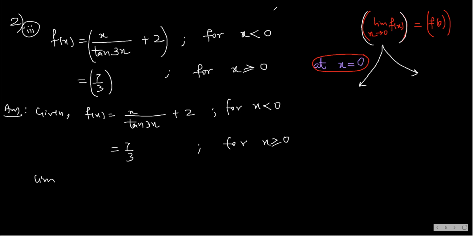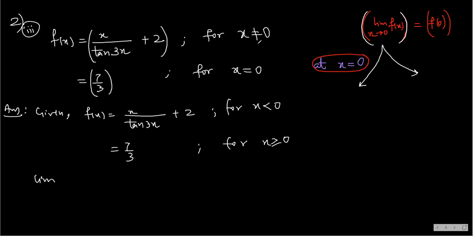On the other hand, think if it was given this way. Just assume that f of x is this for x not equal to 0, and f of x is this for x equal to 0.